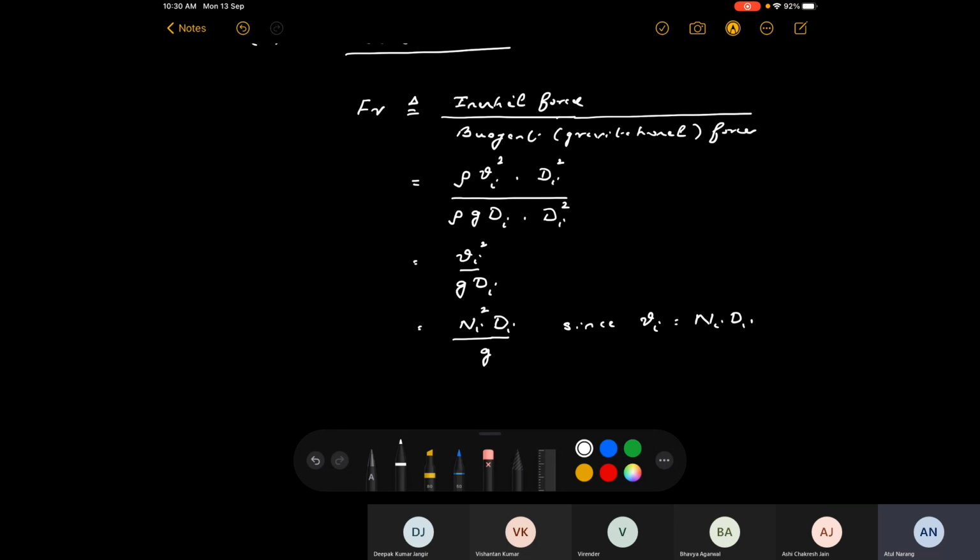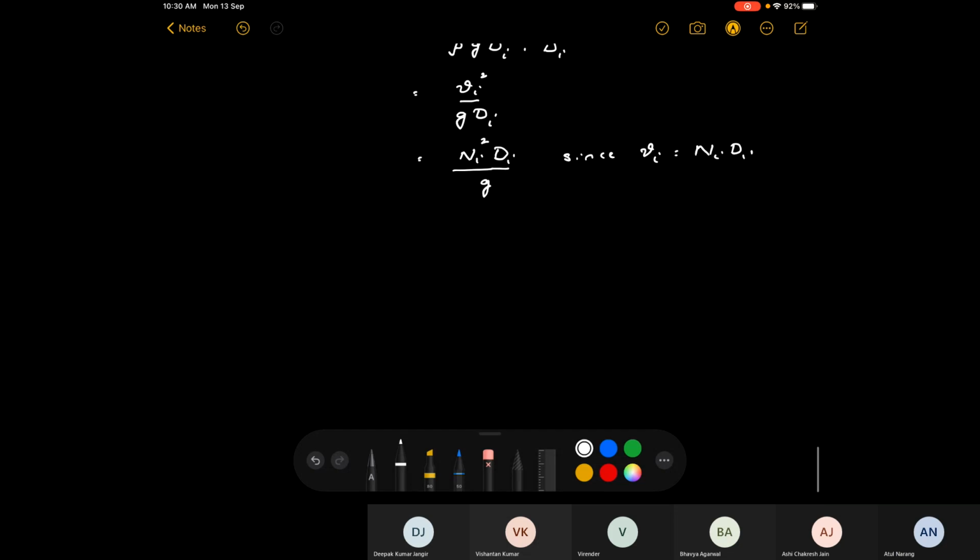So these are the two numbers. There is a third number that is important, and the third number is the ratio of impeller to tank diameter.